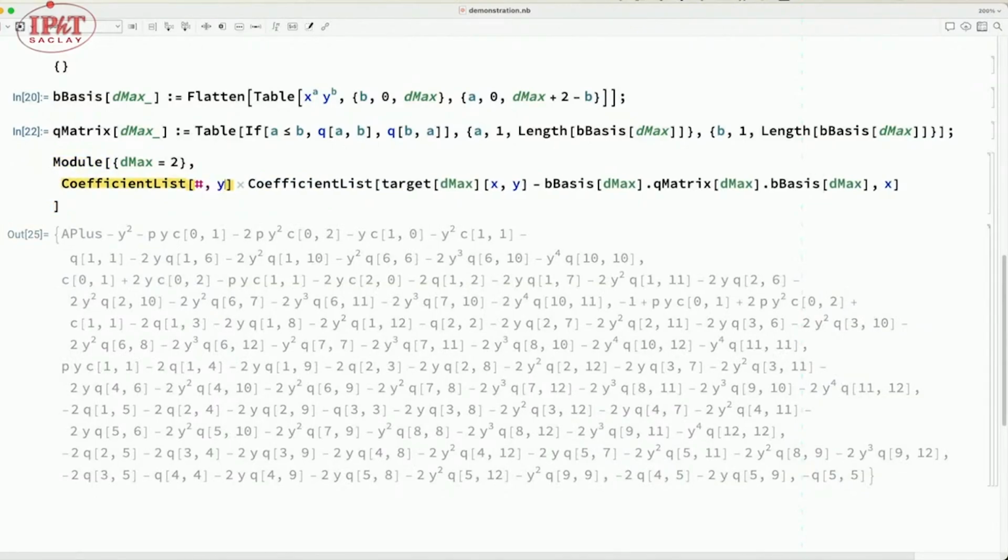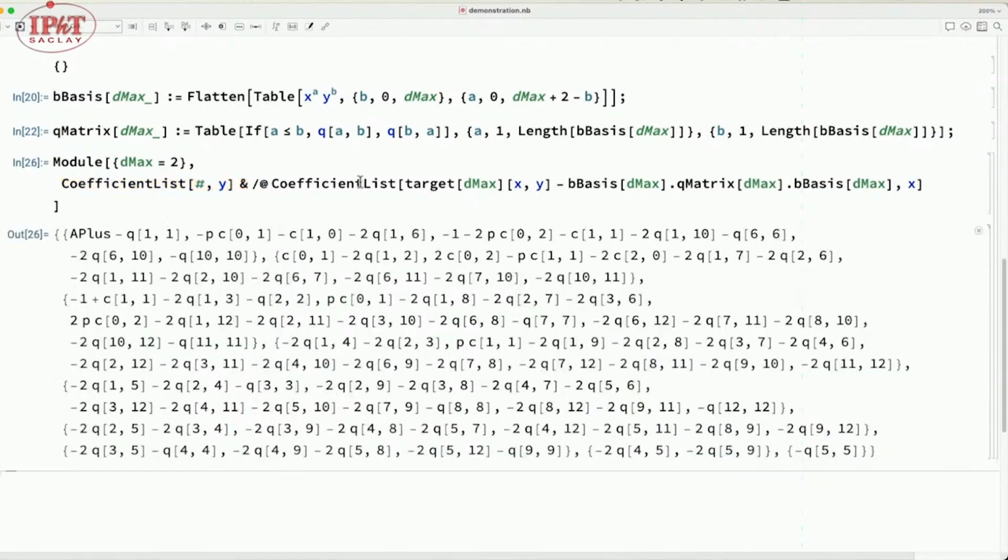Maybe use coefficient with x and y both, yes. There are probably some faster ways of doing it, but it's probably quicker if I do it the way that I usually do it, rather than trying to understand what Rajiv just said. So I'm just going to apply this function, which extracts the coefficient list with respect to y, to every element of the list. All right.